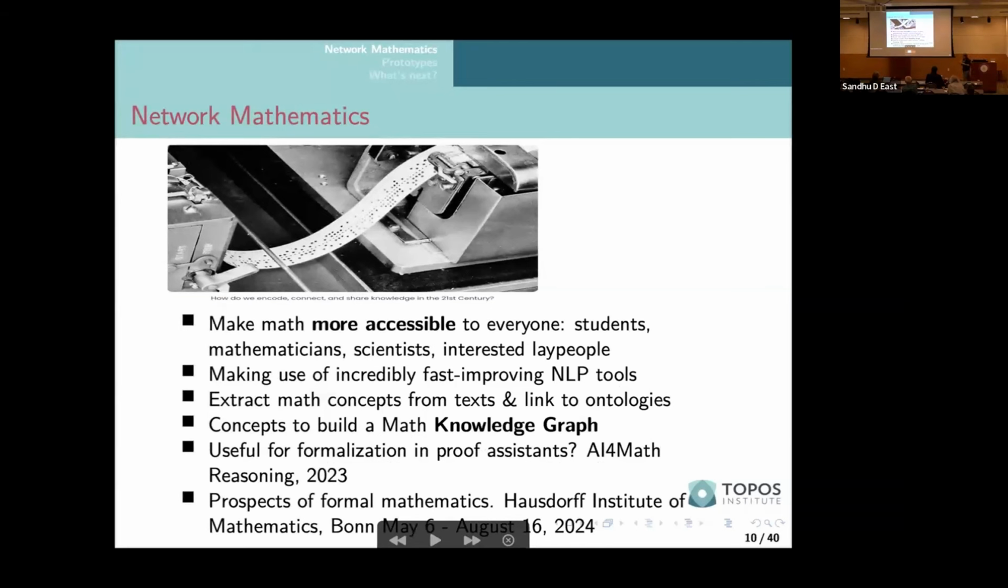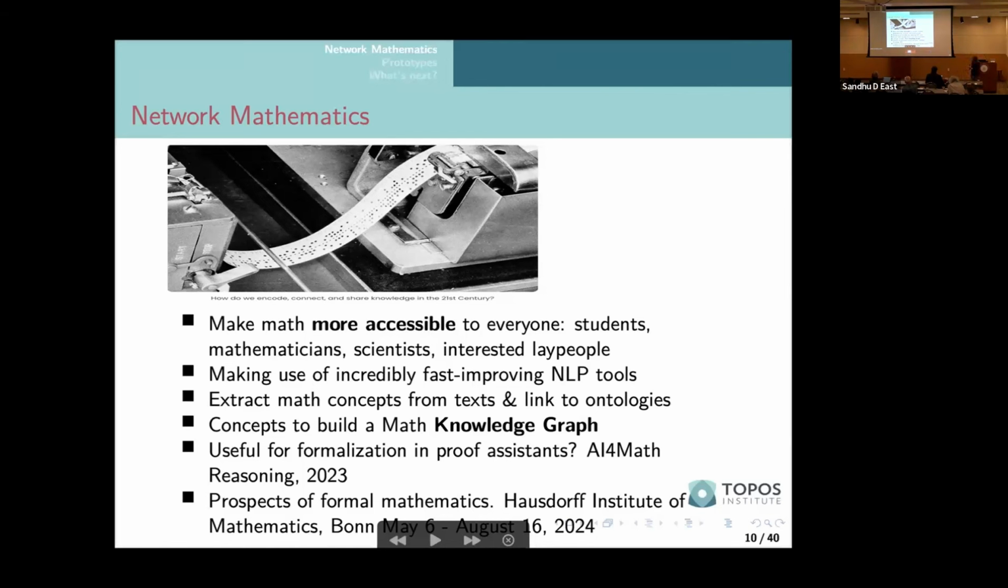So kind of when Topos started, we started thinking about what we called at that stage math fodder, because we think that making math more accessible to everyone, to students, mathematicians, scientists, programmers, interested lay people, is kind of important.